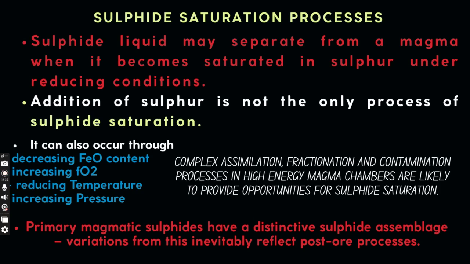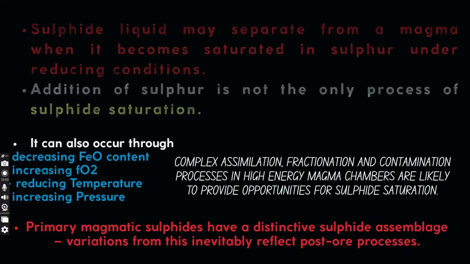Overall, complex assimilation, that means mixing with host rock as I have mentioned, fractionation, because silica-rich magma will go down and other initial phase minerals are sometimes separated, and contamination processes in high-energy magma chambers are likely to provide opportunities for sulfide saturation. So overall, primary magmatic sulfides have distinctive sulfide assemblages. Variations from these inevitably reflect post-ore processes.